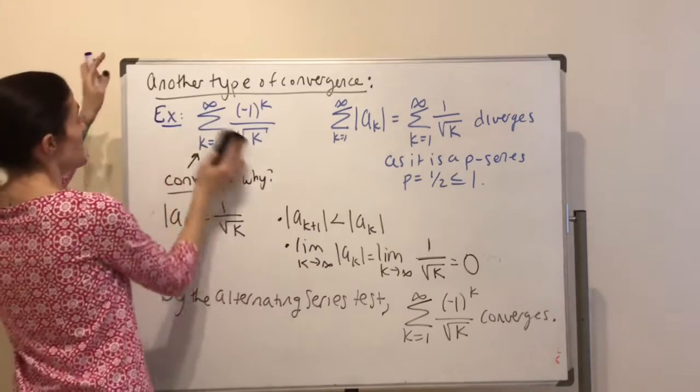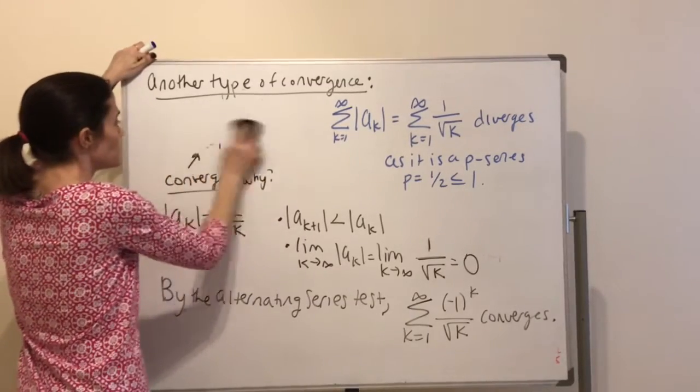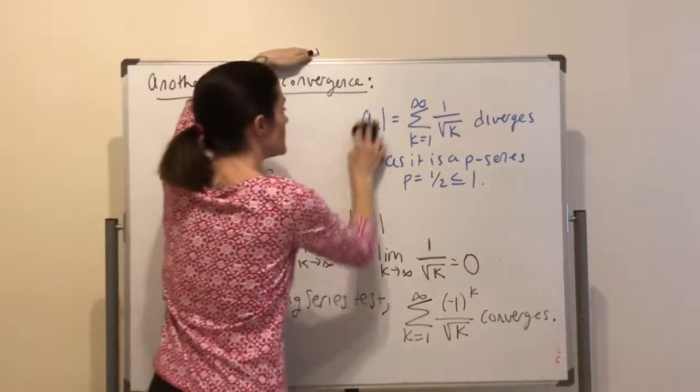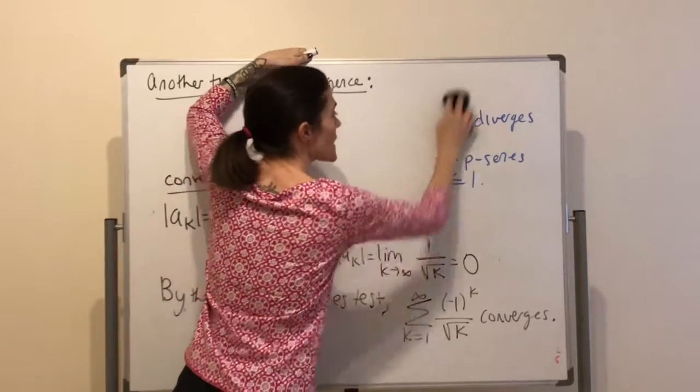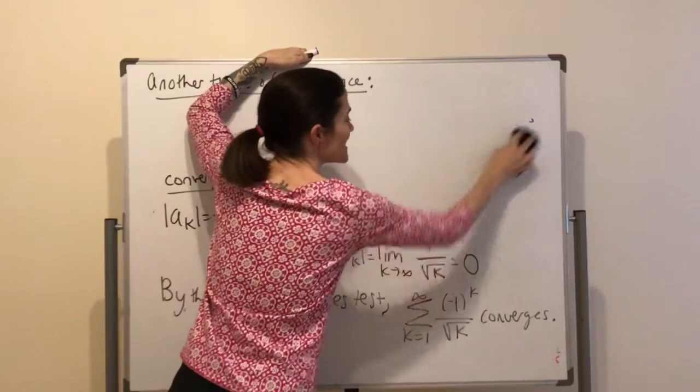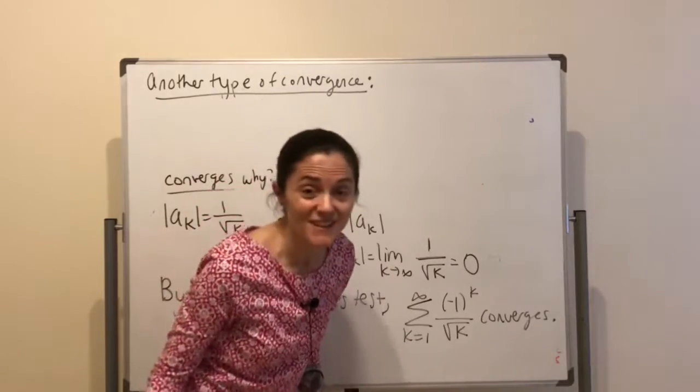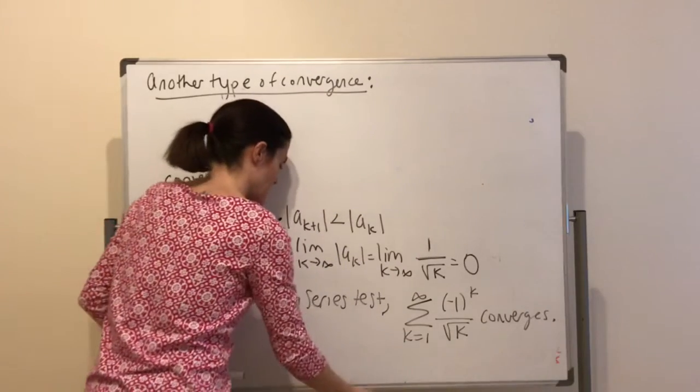So let me now erase, at least erase a little bit, and I will mention what type of convergence this is. Okay.